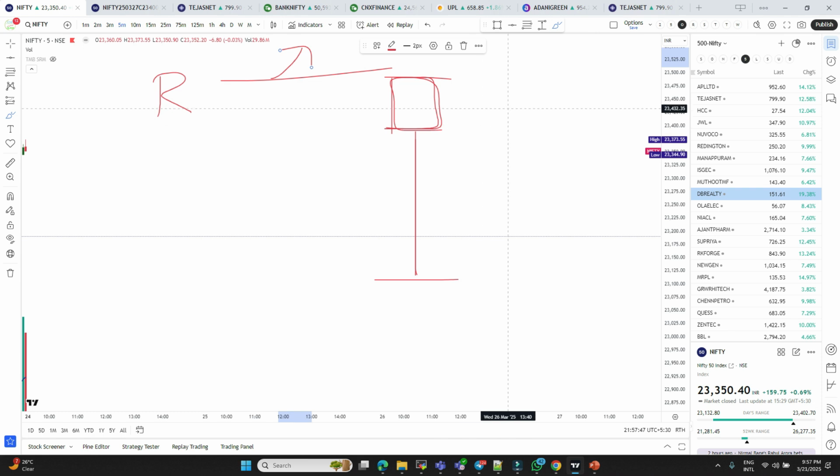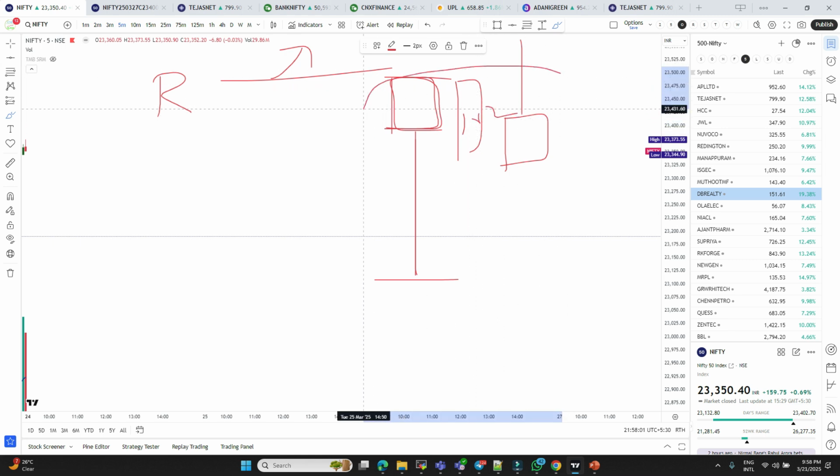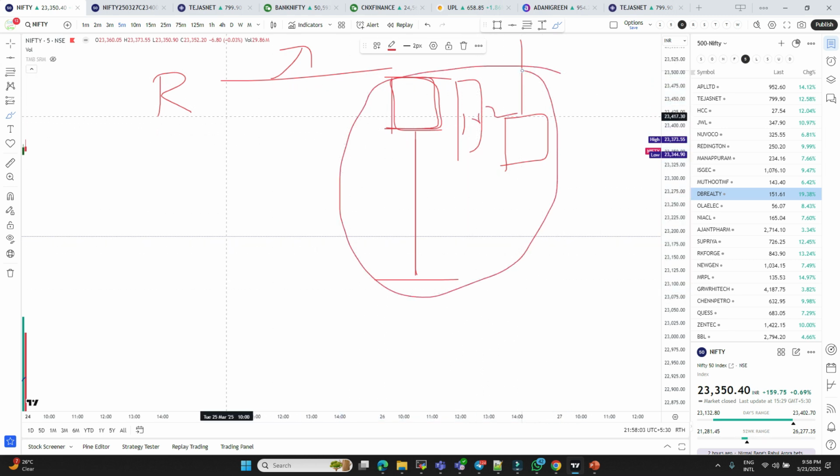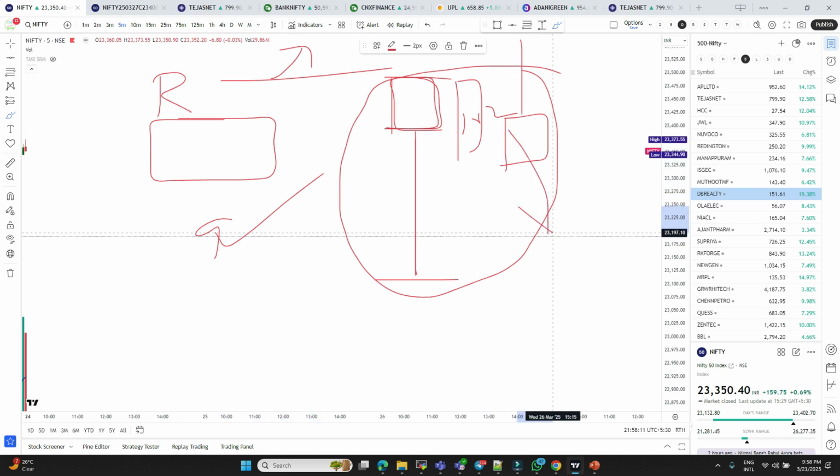Whenever you see this kind of candle followed by the next candle, with one or two green or red candles in between, at the resistance, there is an 80 to 90% probability of reversal. Remember, these are the two candles.